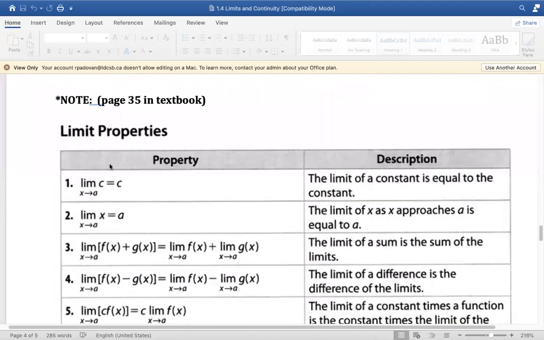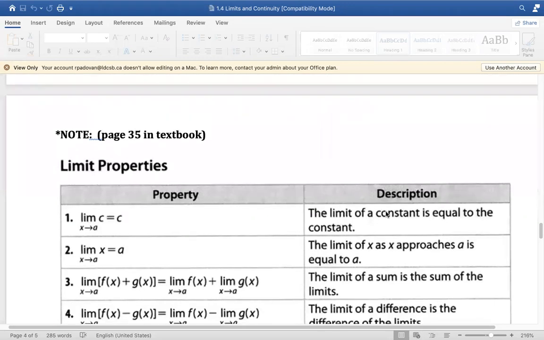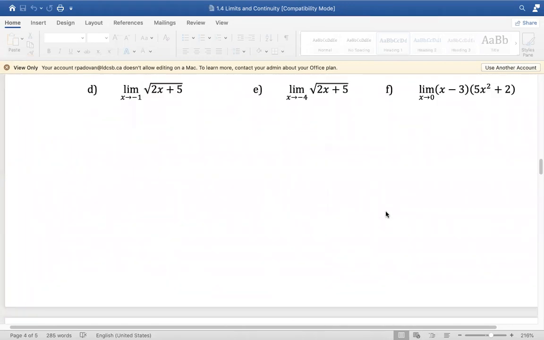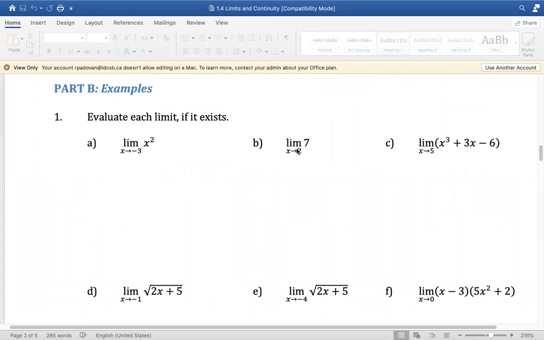Here is, again, if you wanted to look at this in any further detail, it's page 35 of the textbook. Limit properties. The limit of a constant is equal to the constant. That would be like example 1b, way up above here. The limit of a constant number is just equal to that constant number, just equal to 7.